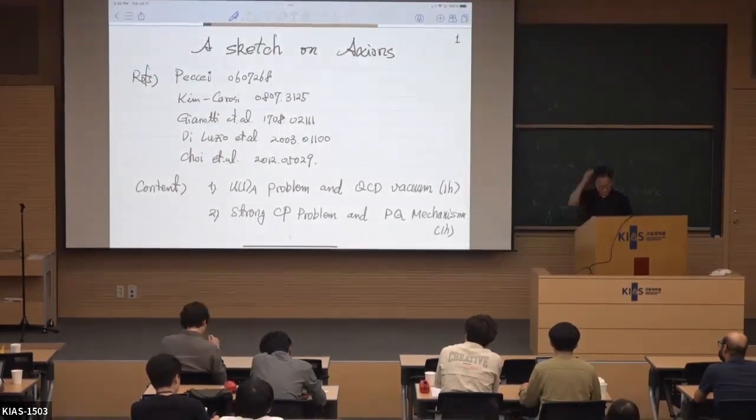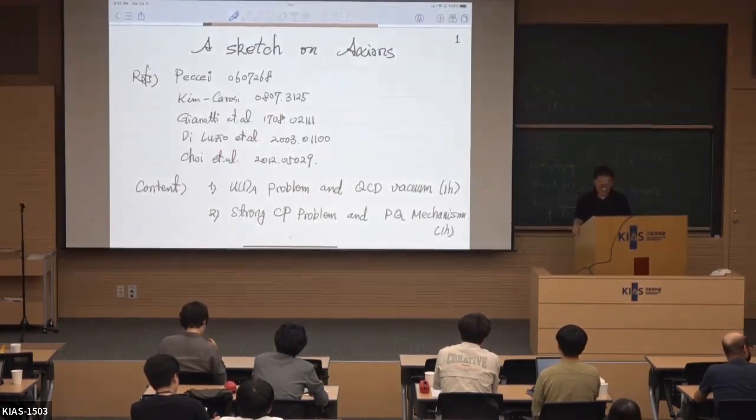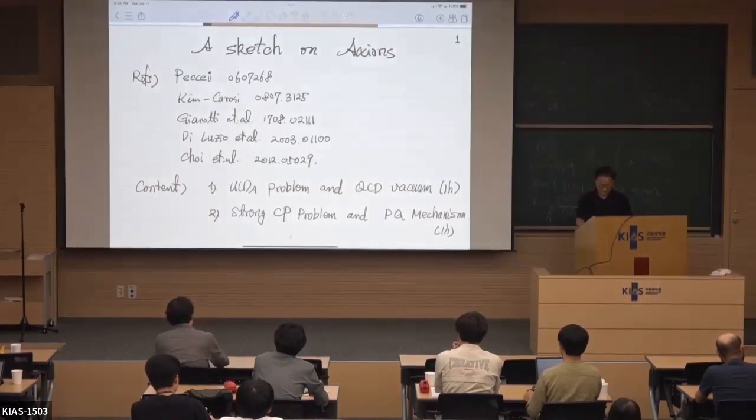The other three references should be more relevant for the lecture by Professor Takahashi. They contain all the new developments about astrophysics, cosmological aspects, and some flavor issues, etc. So you can learn more about this. Basically, I am following Peccei and Kim and Carosi.